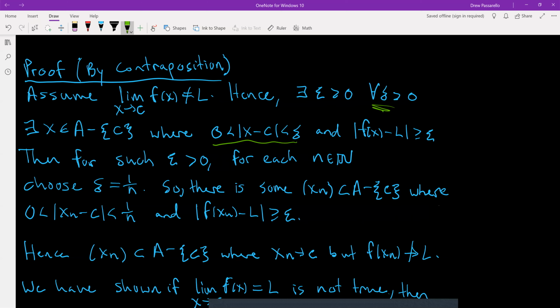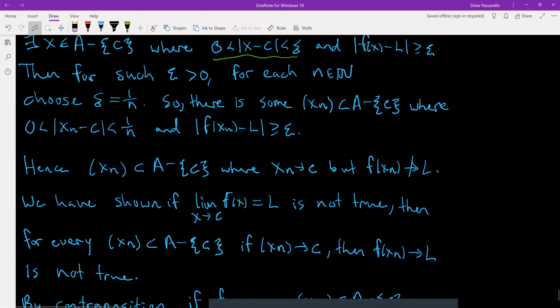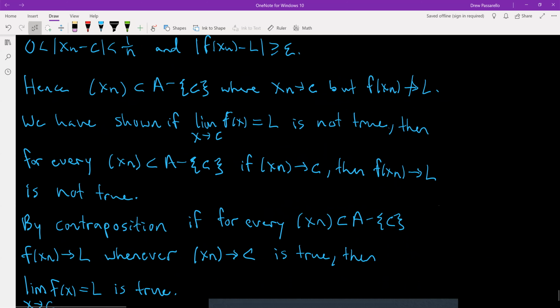Hence, we have xn in A minus {c}, where xn converges to c, but f(xn) does not converge to L. Therefore, we have shown that if the limit of f(x) equals L as x approaches c is not true, then for every sequence xn contained in A minus {c}, if xn converges to c, then f(xn) converges to L is not true.